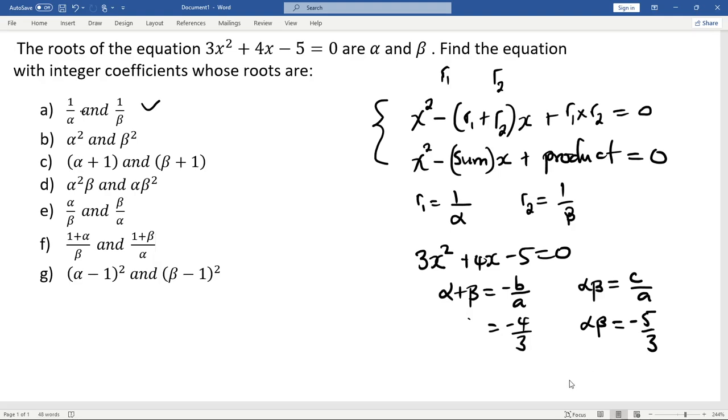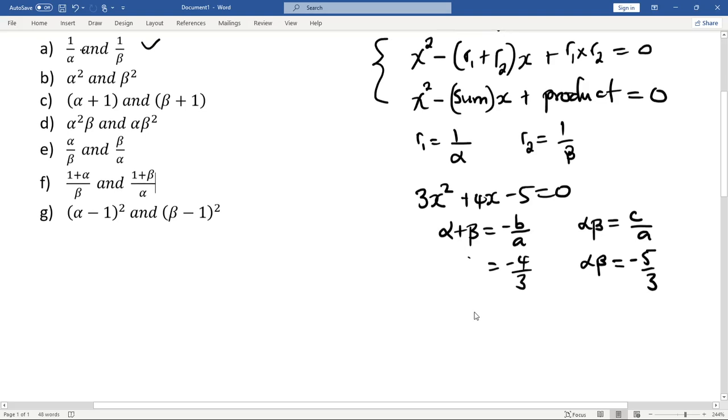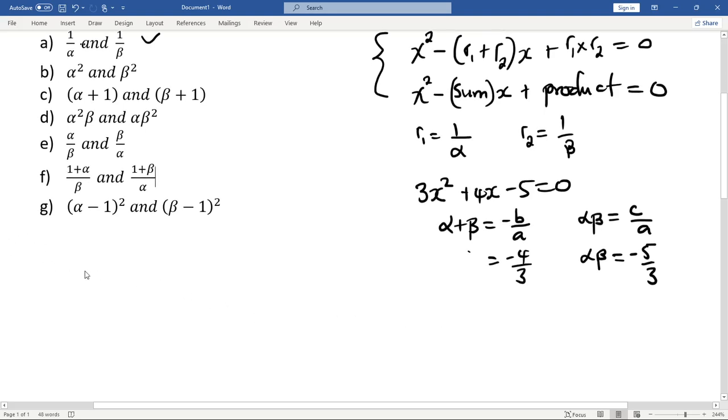So everywhere we get alpha plus beta, we're going to substitute negative 4 over 3, and everywhere we get alpha beta, we substitute negative 5 over 3. Okay, now that we've gotten this out of the way, let's start answering the question.